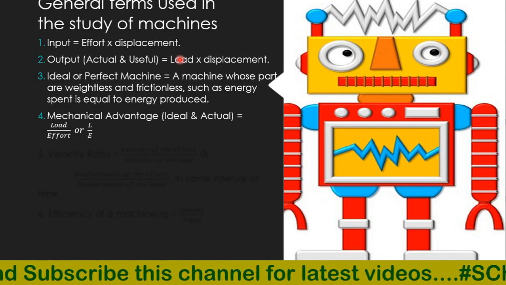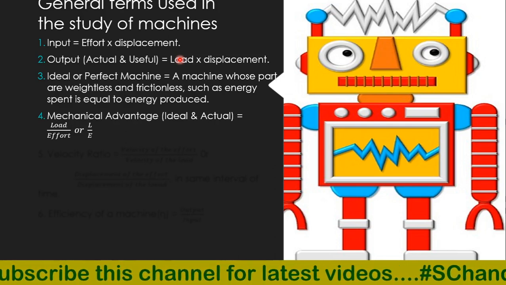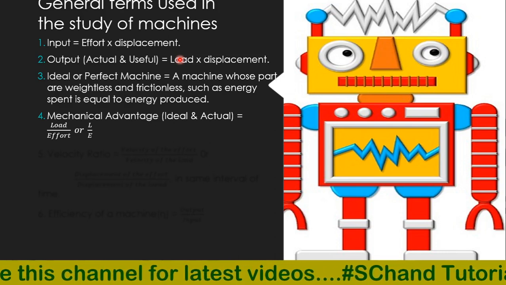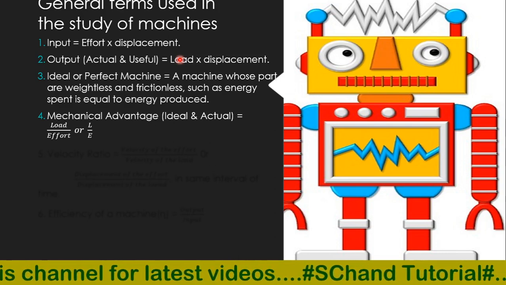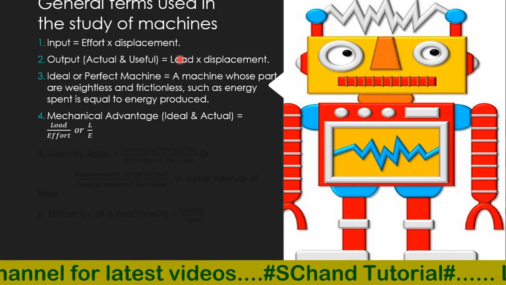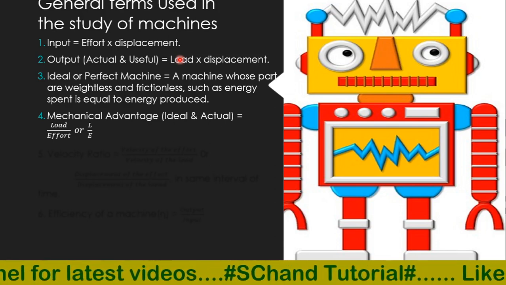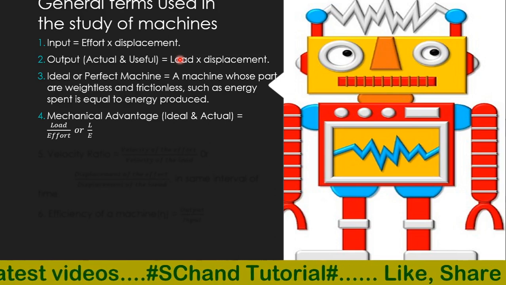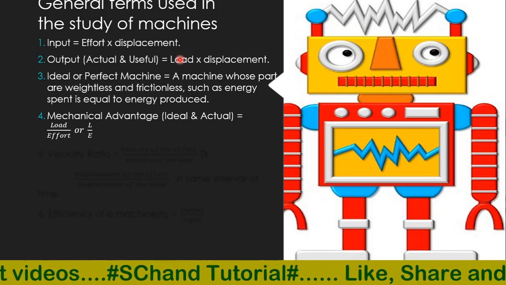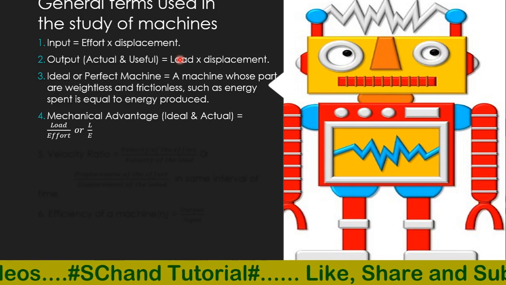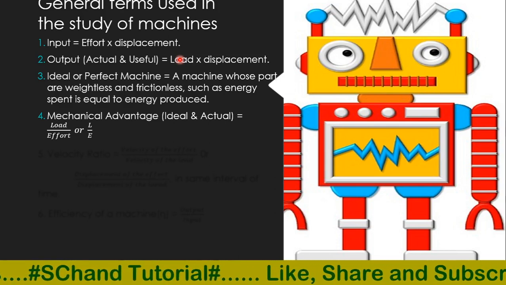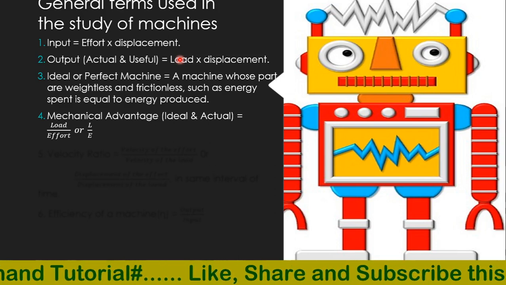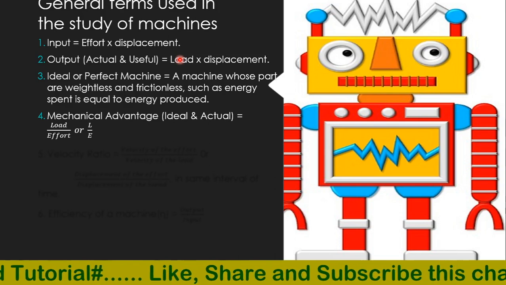And what is mechanical advantage? Mechanical advantage is also of two types: ideal mechanical advantage and actual mechanical advantage. It has the formula load over effort. Mechanical advantage literally means the advantage given by the machine in terms of the effort applied and the load lifted by it.